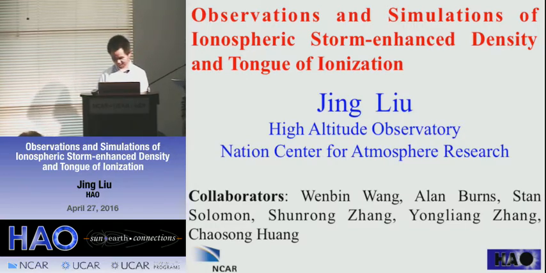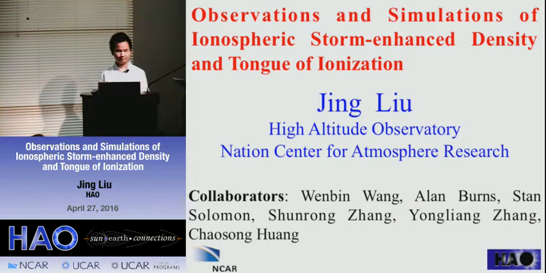Jing received his PhD in space physics in 2012 from the Institute of Geology and Geophysics, Chinese Academy of Sciences. Then he stayed on as a postdoc for 9 months. Then he went to Japan to the National Institute of Polar Research as a guest researcher for a year.